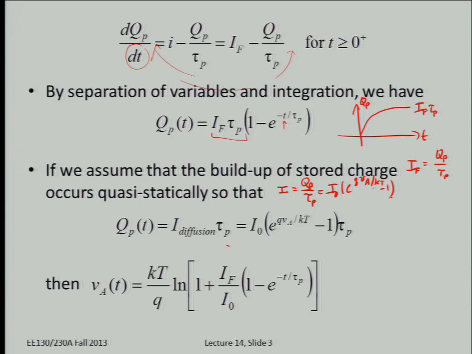As you add holes to the n side, they're not dying out, so you're able to build up the charge faster, but it takes longer. It's simply because to reach the steady state, you need more charge. If you just look at I_F equals Q_P over tau_P, Q_P is just larger if tau_P is larger. So you just have to build up more charge to reach the steady state.